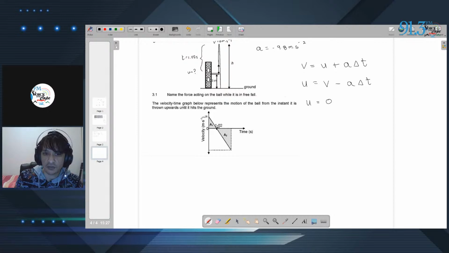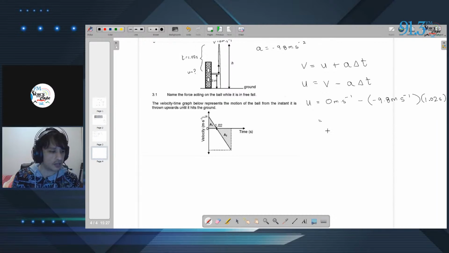So therefore u is equal to, our v is 0 meters per second at the peak, and at the peak it's 1.02 seconds change in time. So we have 0 minus negative 9.8 times delta t, which is 1.02 seconds. And now we should get a positive value for our initial velocity.